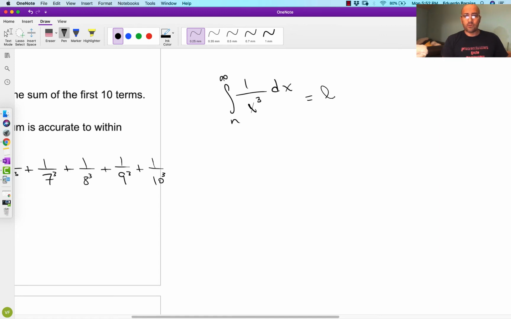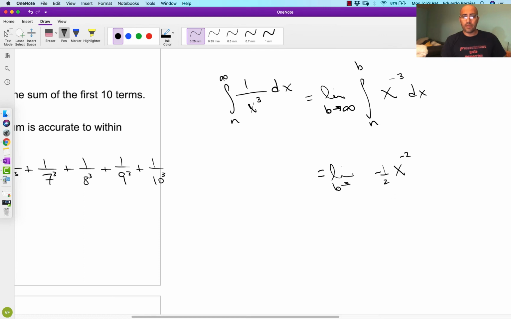Well, that's just equal to the limit as b goes to infinity of the integral from n to b, and I'm going to rewrite this as x to the negative 3 power dx. That one's fairly easy. The antiderivative is going to be something involving a negative 2, and so we bring that out in front. That's going to be negative 2 minus 1, so negative 1/2 out here.